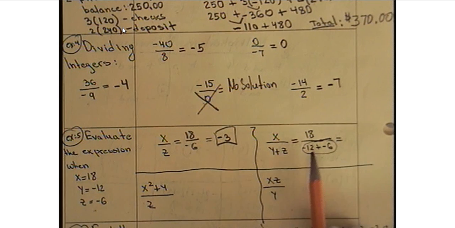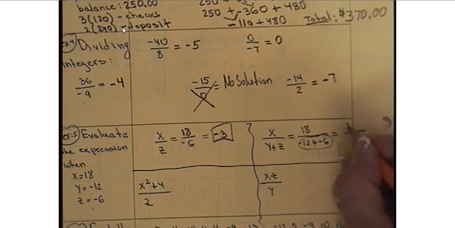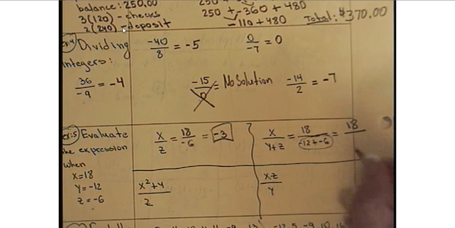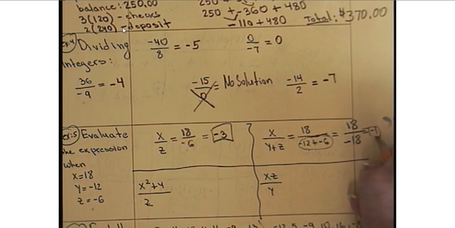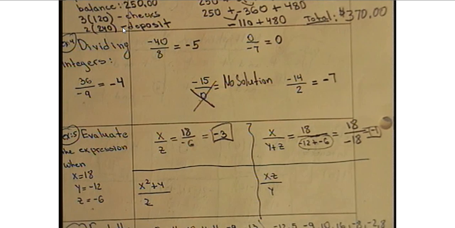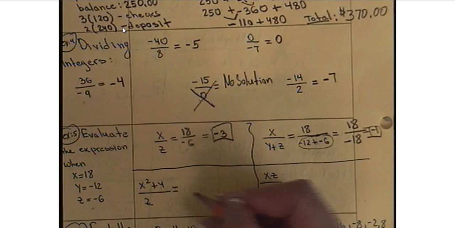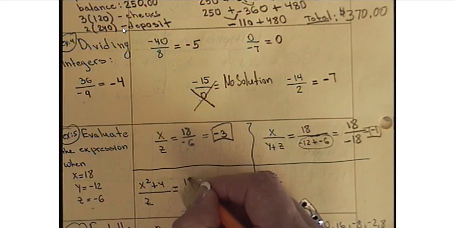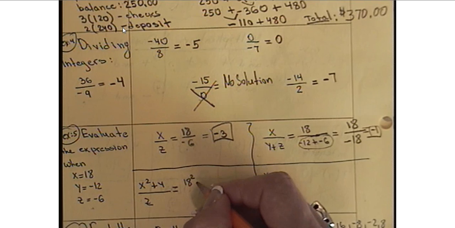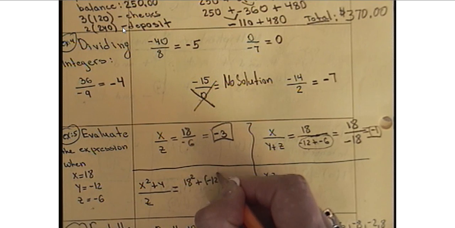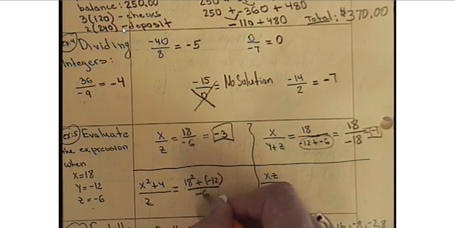So let's solve that first. 18 stays. Negative 12 plus negative 6 is negative 18. 18 divided by negative 18 is equal to negative 1. Final answer.